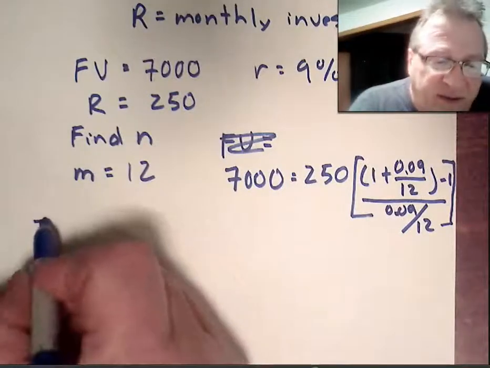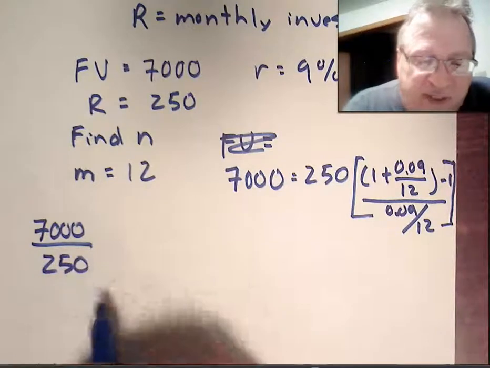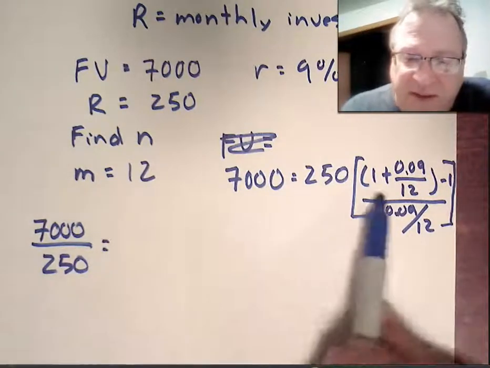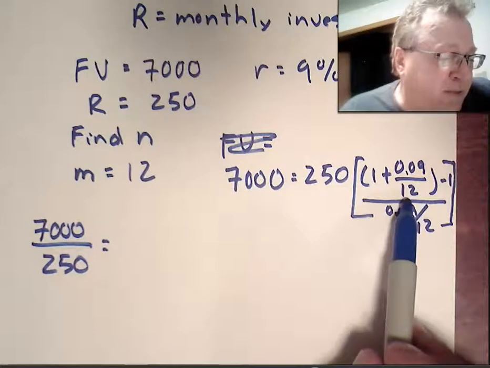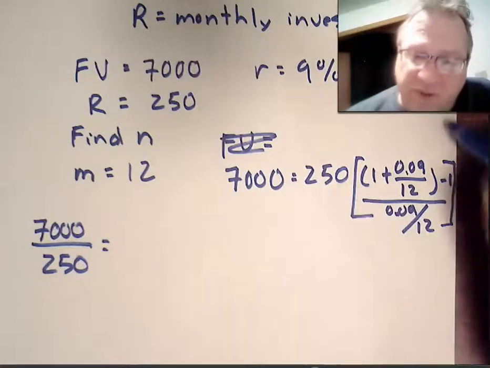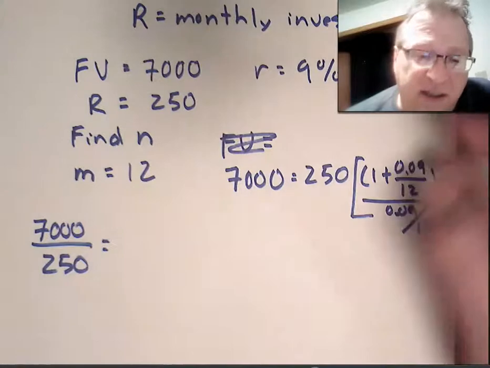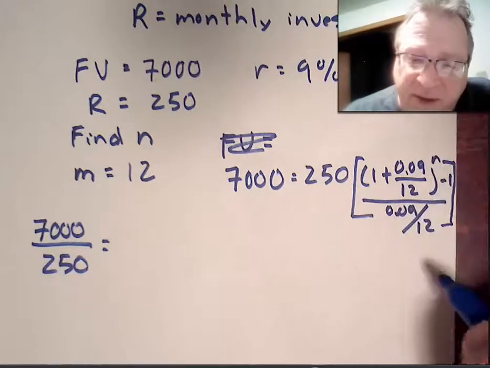And when I do that, I'll have 7,000 over 250 is equal to, now I can start doing some work in here, 0.09 divided by 12 plus 1. Oh, I forgot to raise that to a power, didn't I? I sure did. And what is N? Oh, N's my unknown.